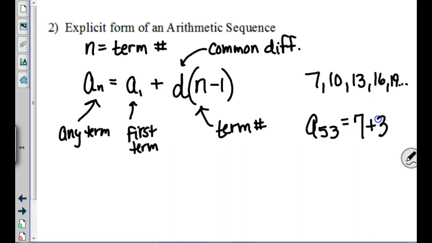Positive 3. And how many times would we need to add positive 3? 53 minus 1, or 52 times. And it's okay to write 53 minus 1 if that helps you understand where that came from. What is that? 156 plus 7, 163 maybe?